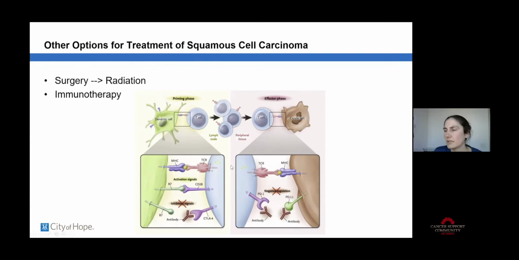T cells are one of the types of immune cells that we have in our body, and they have a built-in normal brake on the system called CTLA-4. So one of the immunotherapy agents will basically block that brake on the system, kind of revving up our own immune system to fight the cancer.